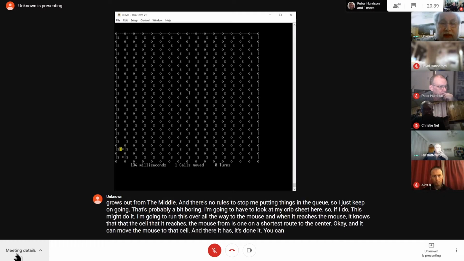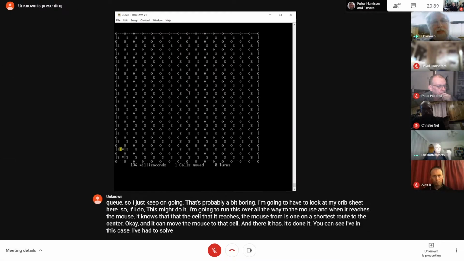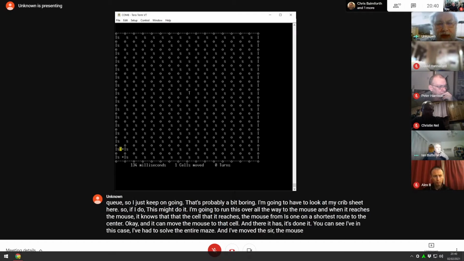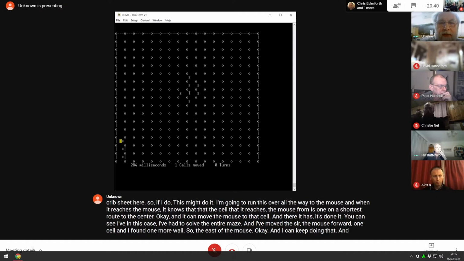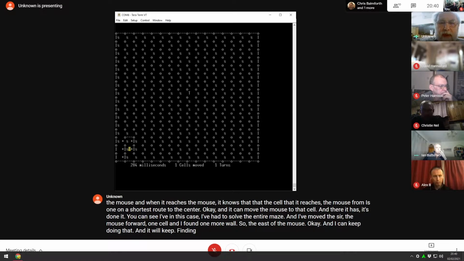You can see in this case, I've had to solve the entire maze, and I've moved the mouse forward one cell, and I've found one more wall to the east of the mouse. Okay? And I can keep doing that, and it will keep finding more bits.